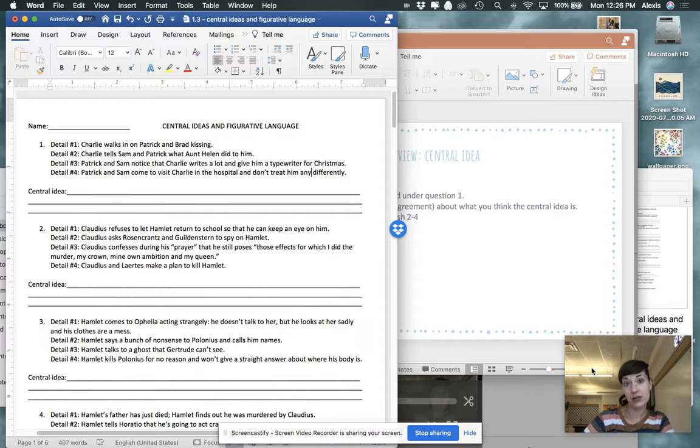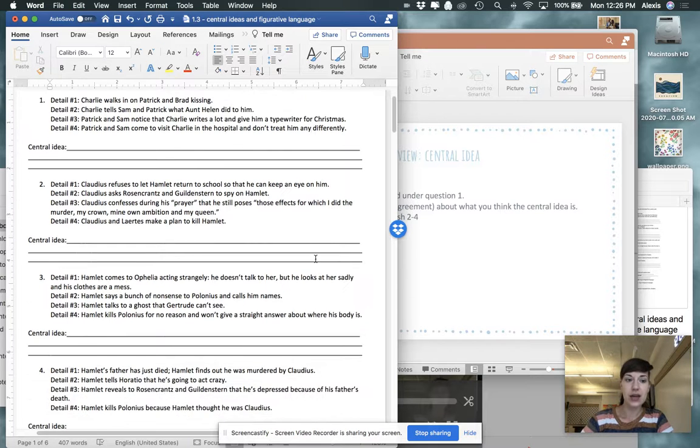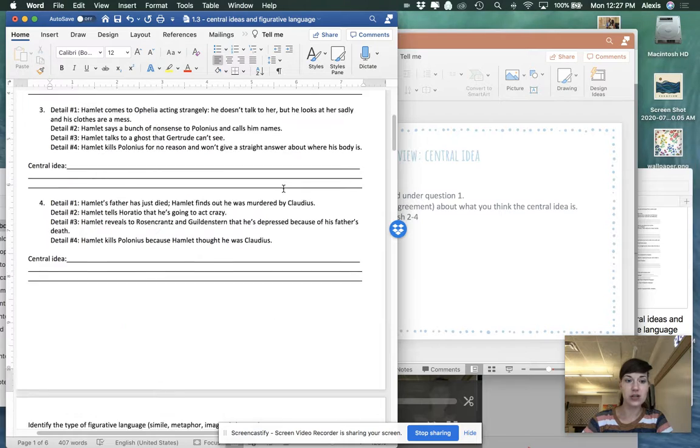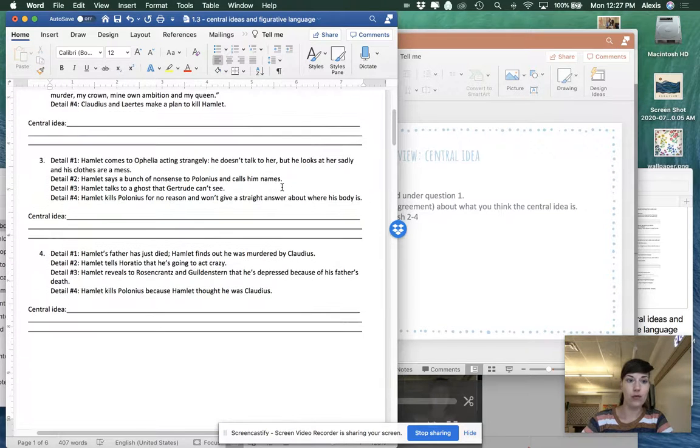Charlie accepts that Brad and Patrick are gay, and Patrick and Sam accept Charlie because they don't flip out when they find out what Aunt Helen did, and they don't treat him any differently when he's in the hospital. They treat him exactly the same as he's always been. Okay, so now go ahead and pause the video and you can work through the rest of the questions on this page, questions 2 through 4.